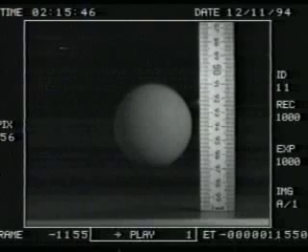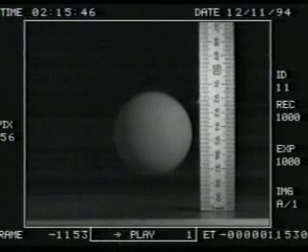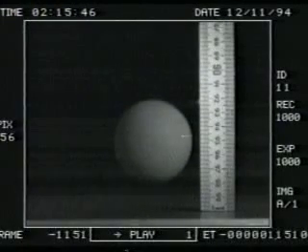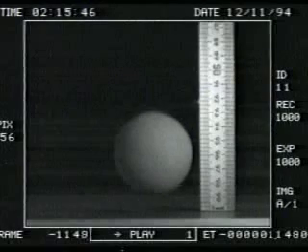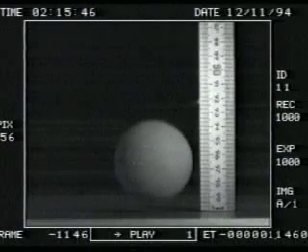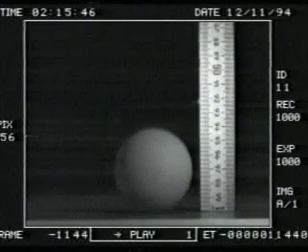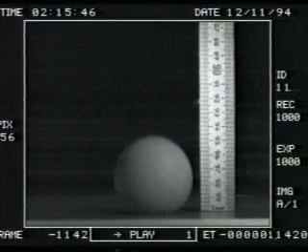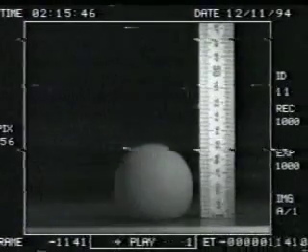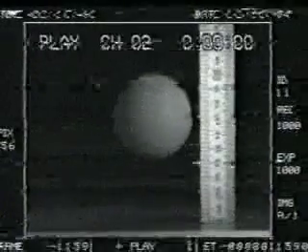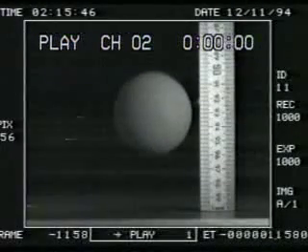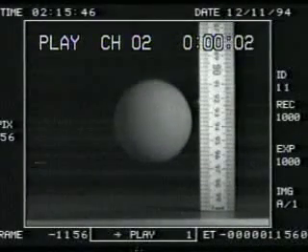Okay, there comes the ball down. These marks are in centimeters. So it is a ruler in centimeters. This is 1 centimeter. I'll rewind a little because we were a little too late. Okay, we'll start again.